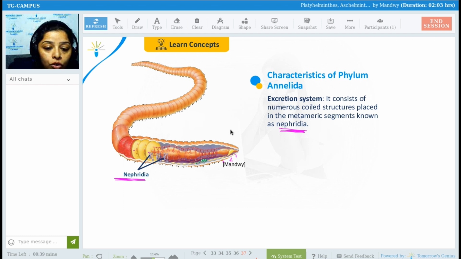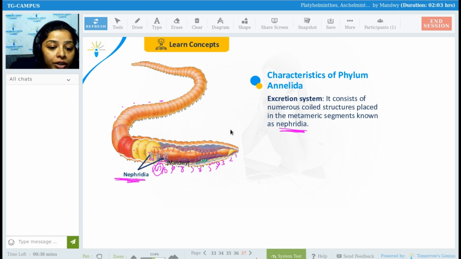Suppose this is segment 1, 2, 3, 4, 5, 6, 7, 8, 9, 10, 11, 12, like this. If the 11th segment has nephridia, then from here the next segment will again have nephridia. So they have repeated segmentation, and that's why we use metamerism for the annelida. Clear?